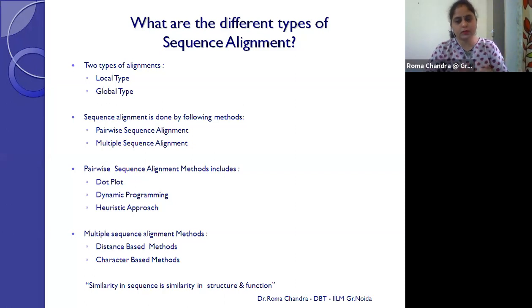So dot plot was giving just the information about whether there are any identical nucleotides or amino acids when we are trying to align the two sequences or not. We were not supposing any mismatches. We were not supposing any gaps, which we can't ignore because we are supposing that variation had occurred.